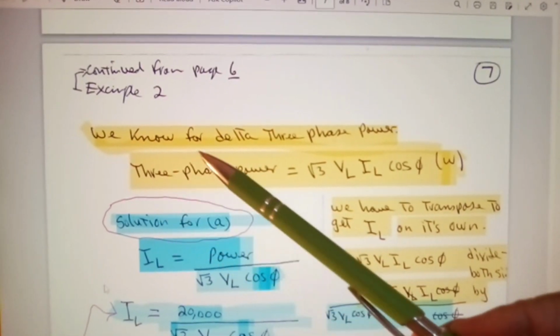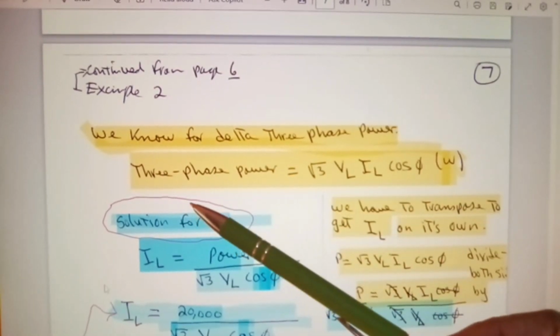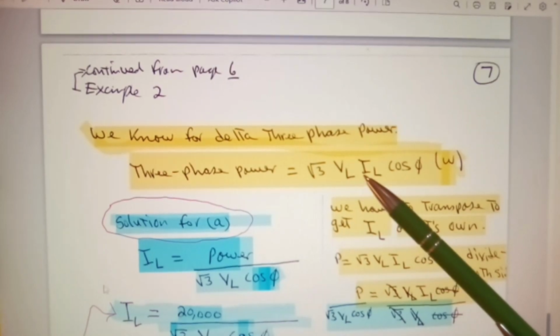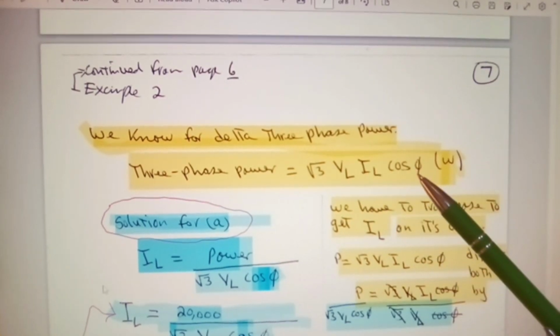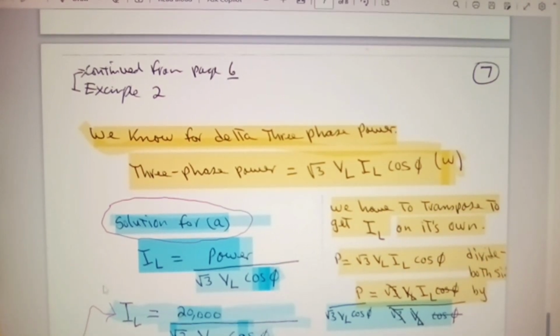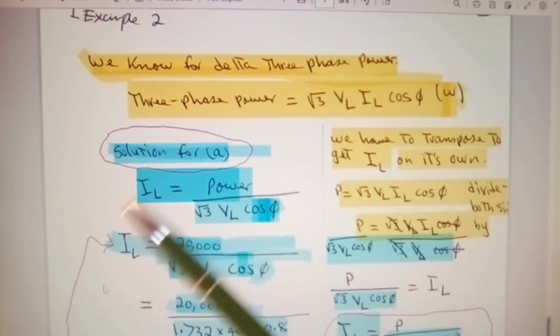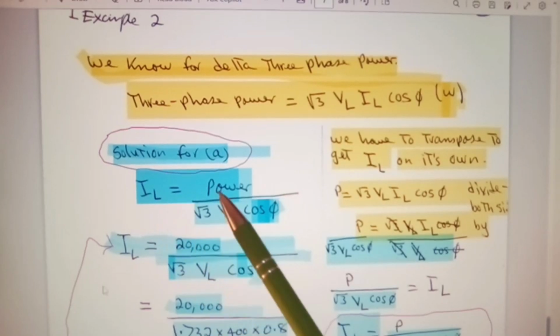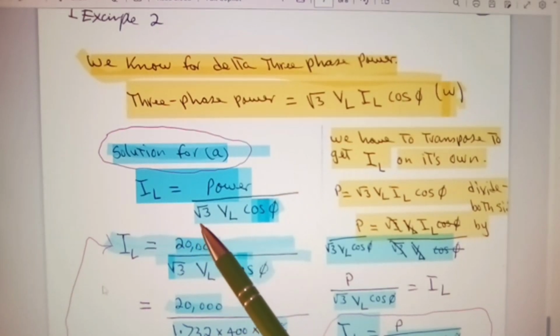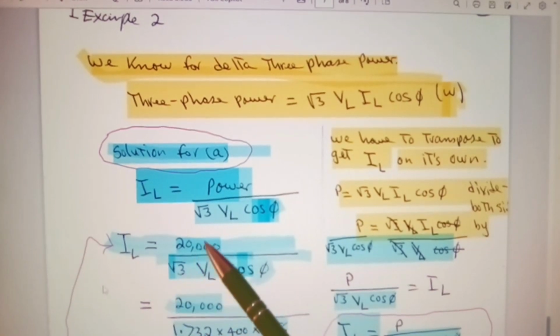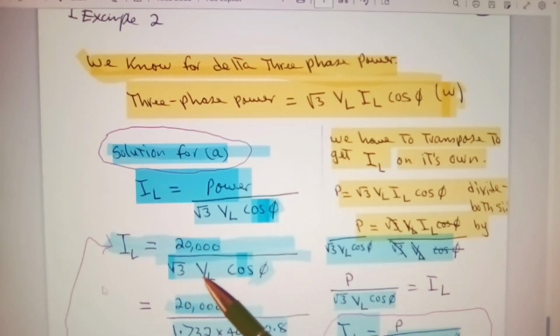We know for delta, three-phase power equals square root of 3 times VL times IL cos theta. The solution for A: IL equals power over square root of 3 VL cos theta. And here you have IL equals 20,000 over square root of 3 VL cos theta.